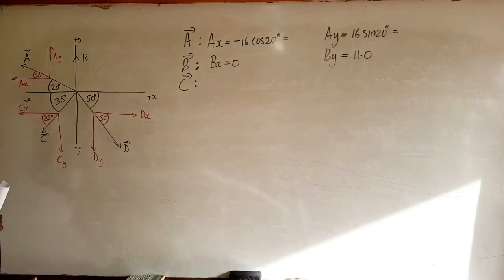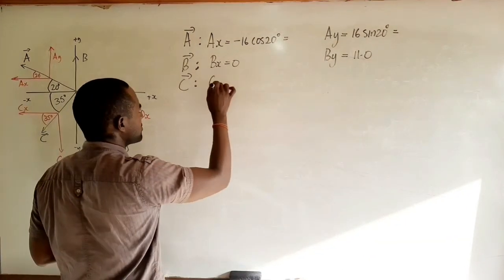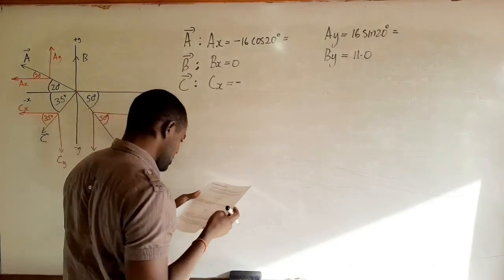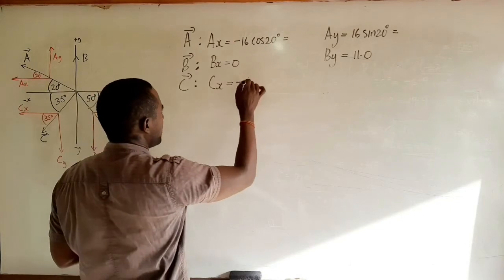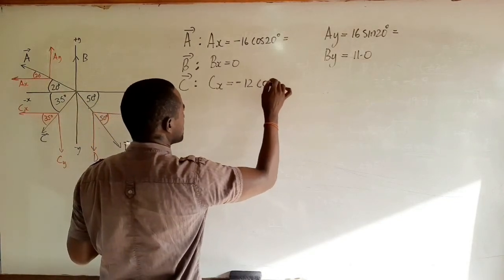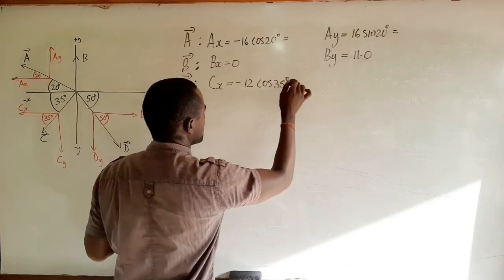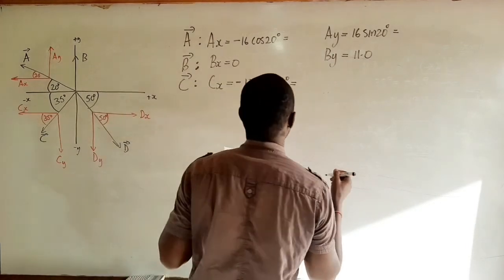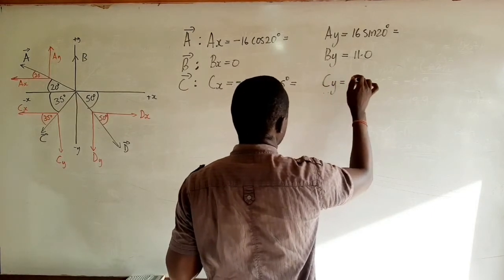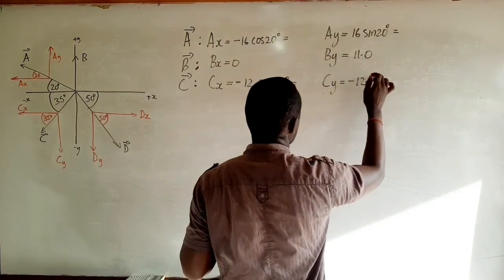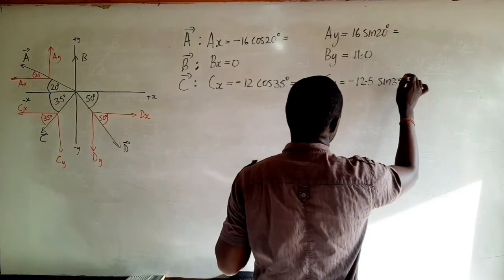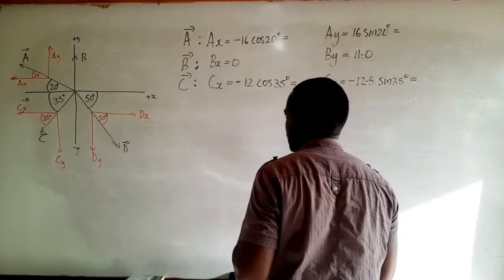So therefore we have CX equals minus, the magnitude of C is 12, so this is minus 12 cos 35 degrees. And the value of CY, again it will be negative, minus 12 sine 35 degrees.